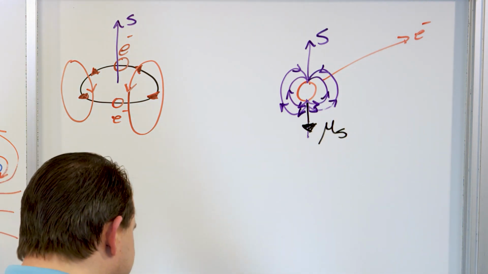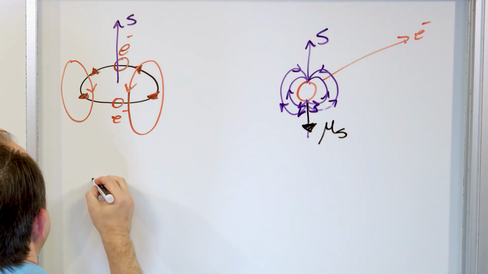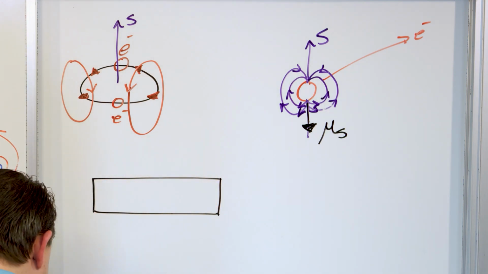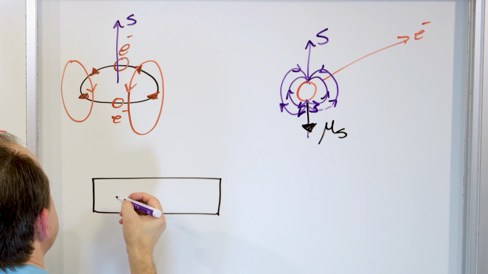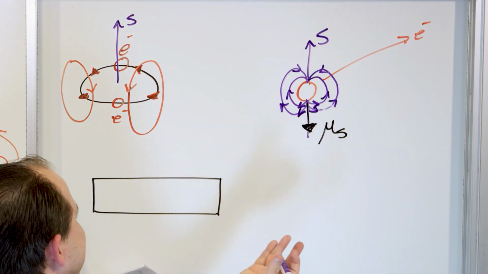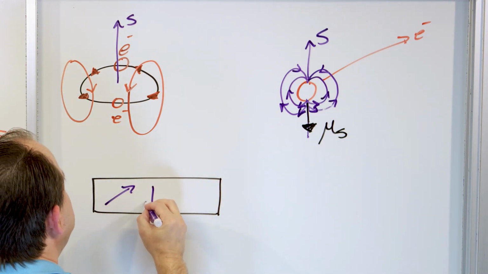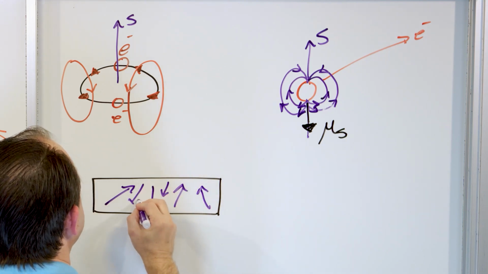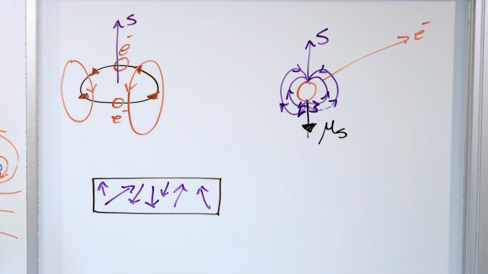All right? So the picture that we often draw is in a ferromagnetic material, like a bar magnet or something like this. Below a certain temperature, or if it's not magnetized already, the spins of the electrons in the material are just randomly lined up in different directions, right?